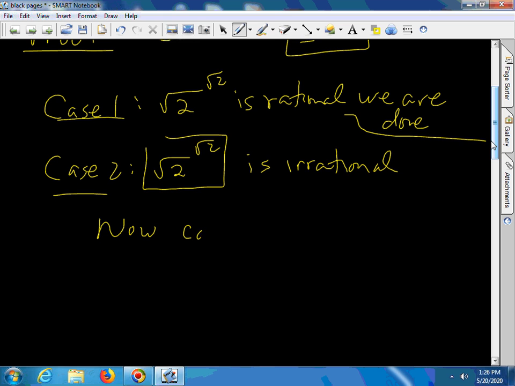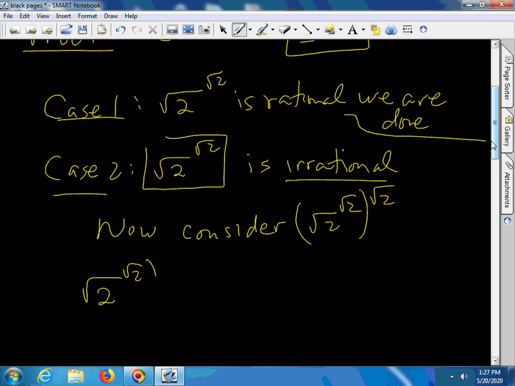Now, consider this number, which we are assuming is irrational, raised to an irrational number. Square root of 2 is irrational. So we have this irrational number raised to the square root of 2, but you multiply those powers.